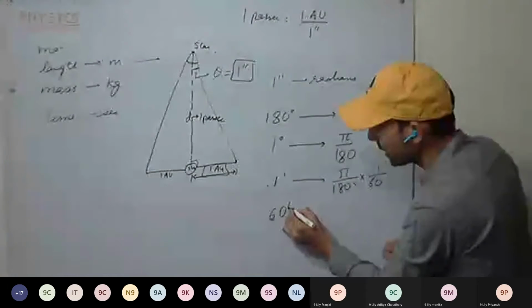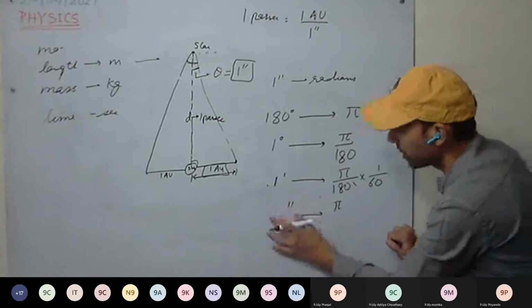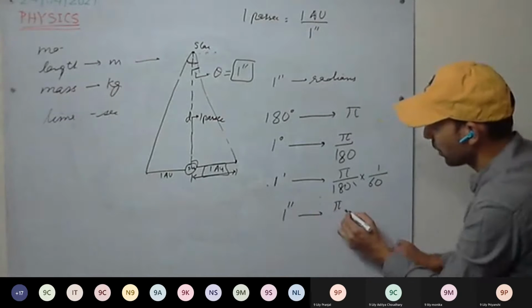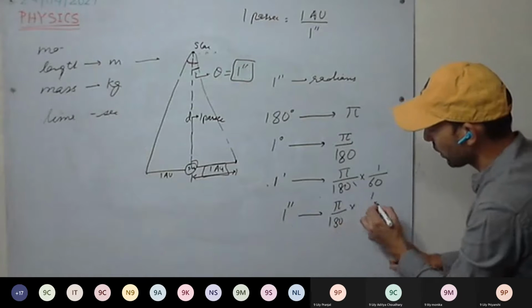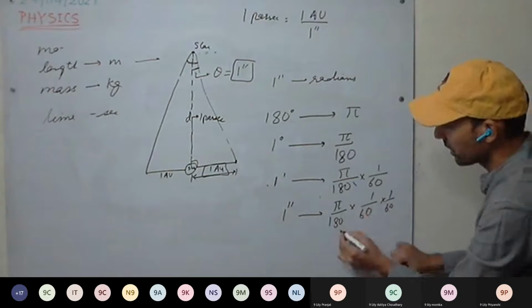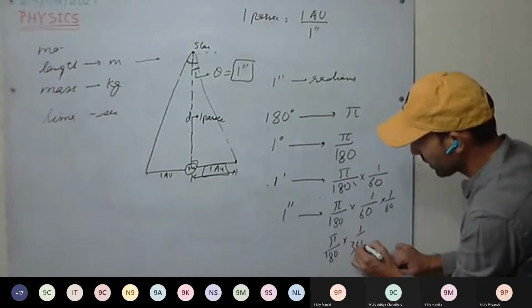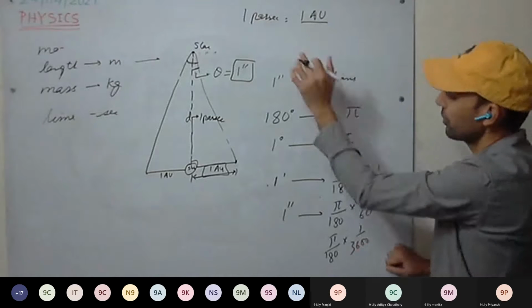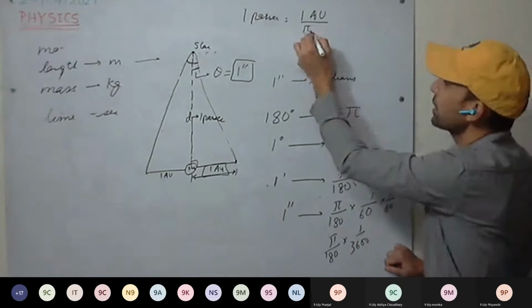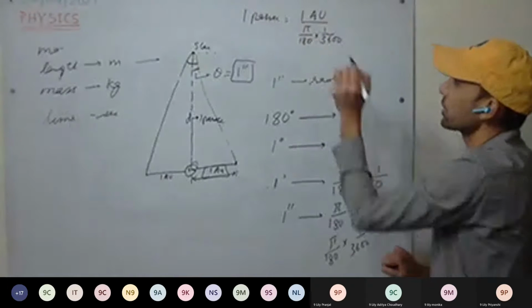In 1 minute, how many seconds? 60 seconds, so again we divide. Pi upon 180 into 1 divided by 60 into 1 divided by 60, which is pi divided by 180 into 1 divided by 3600. So instead of 1 second, we can write pi divided by 180 into 1 divided by 3600.